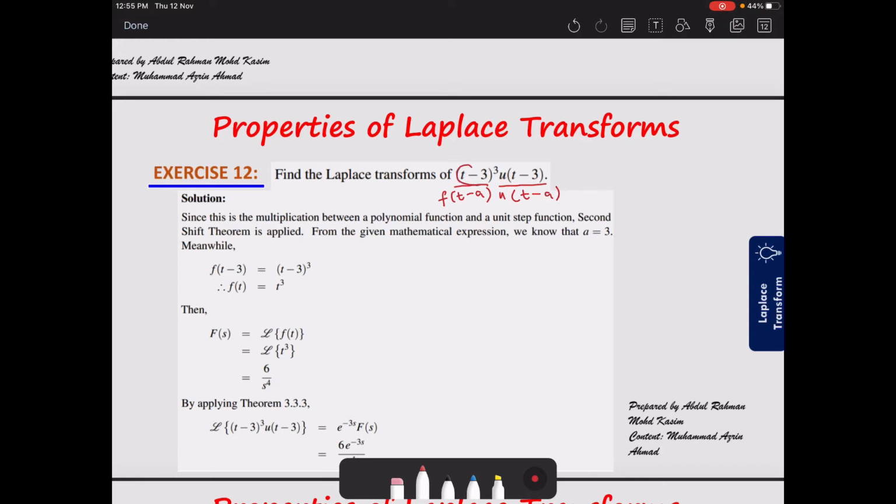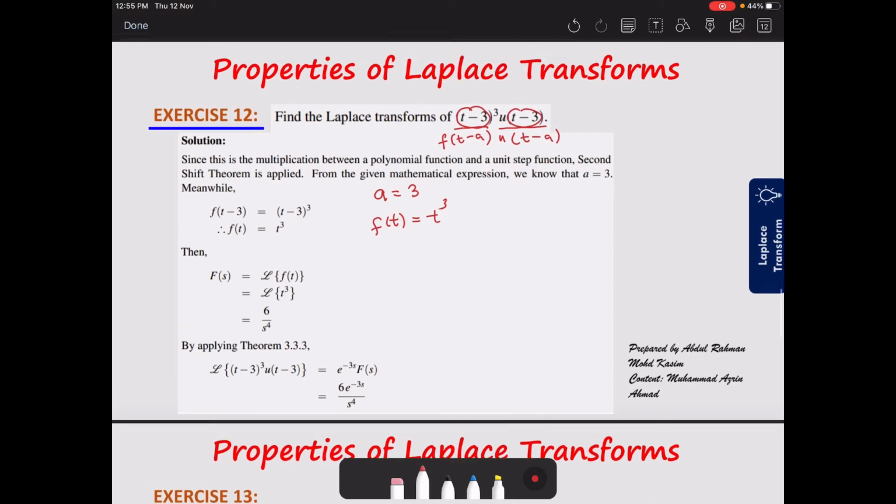We have the same one over here, so there is no need for modification, because you will directly get what a is. So the a over here is 3. Now what is your f(t)? Your f(t) is the one where there is no a. You just neglect the a, and then you get your f(t). So your f(t) now is t to the power of 3.